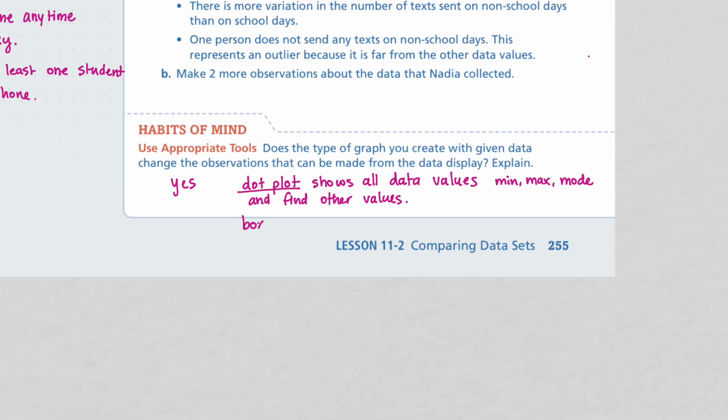The box plot provides the 5-number summary, but we cannot find the mean from here.